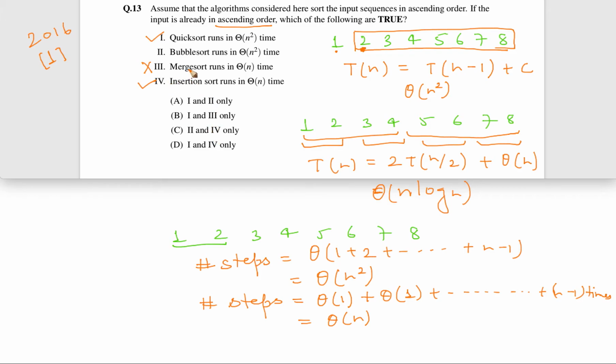Now let's see bubble sort. I will explain it here. In bubble sort, let's say we are considering a sorted input, something like this: 1 2 3 4 5 6 7 8.